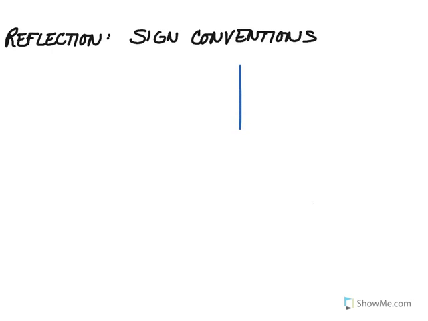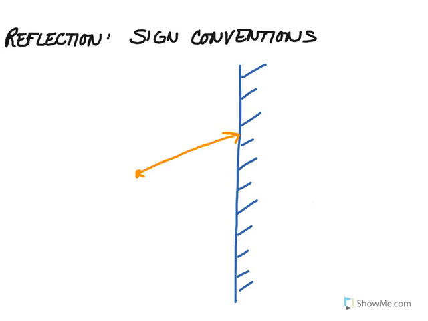When talking about sign conventions for a reflecting surface, there are a lot of things that are going to be consistent with what we've already learned with refracting surfaces. The first thing is that light is always going to start out by traveling from left to right. And so distances that we measure from the surface to, in this case, the object, are going to be measured directionally, and if it's against that original direction of light travel, then it's a negative distance.